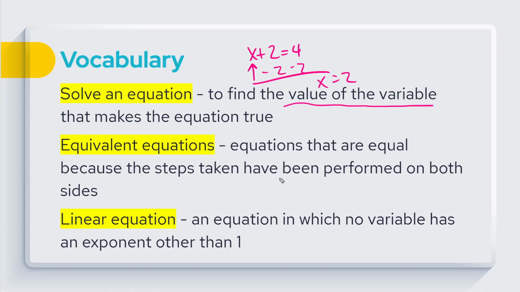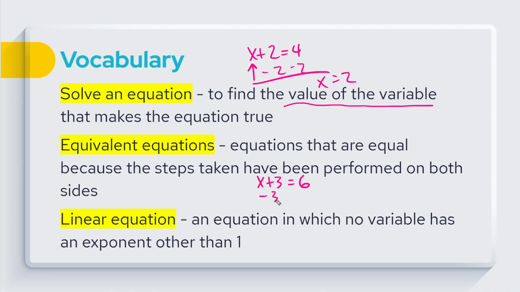Equivalent equations. Equivalent equations is something that you've been doing this entire time, but you just haven't had a name for yet. And basically it just means that when you perform the same operation on both sides of an equation, then you found an equivalent equation. And I'll just give you a really quick example of this. x plus 3 equals 6.